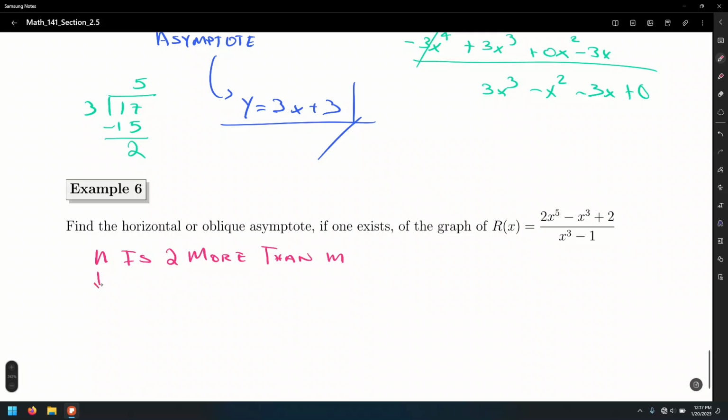So that is n, which is 5, and m, which is 3. So the difference between the degrees is 2. In this case, neither horizontal nor slant asymptote.